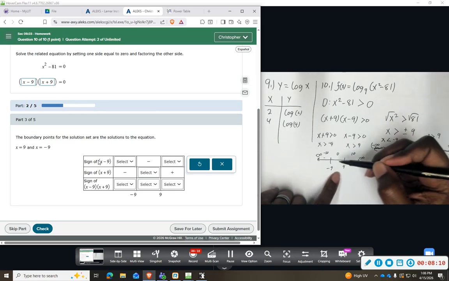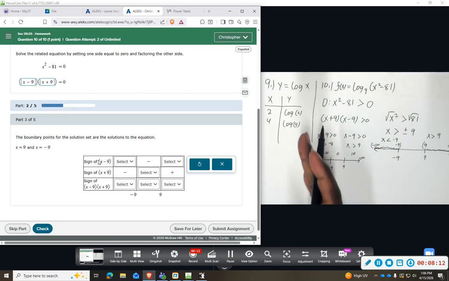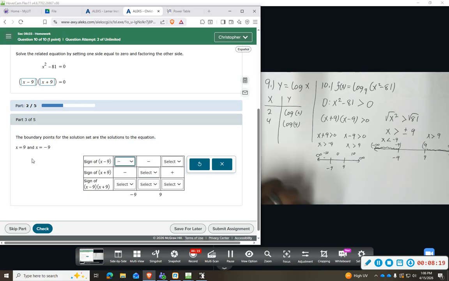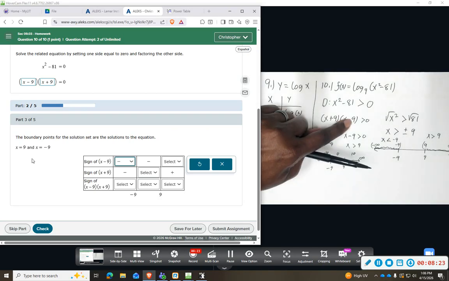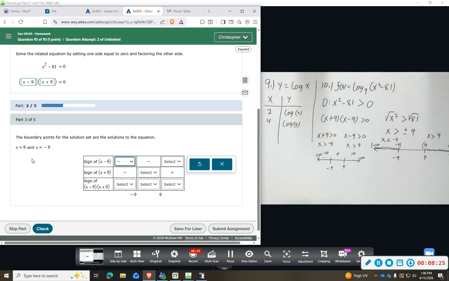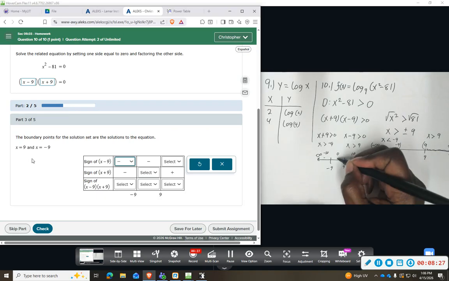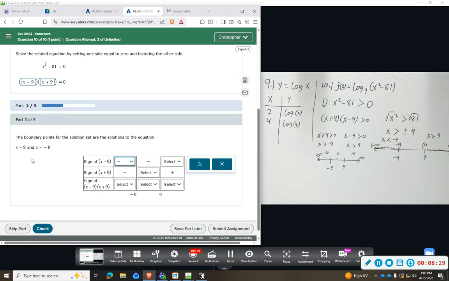So they're just plugging in a test point that's in between the sections and seeing what the sign is. On the first section we got a negative. In the middle, if I plug in 0, 0 minus 9 still gives me a negative. So this middle section also is negative, which matches what they have here.